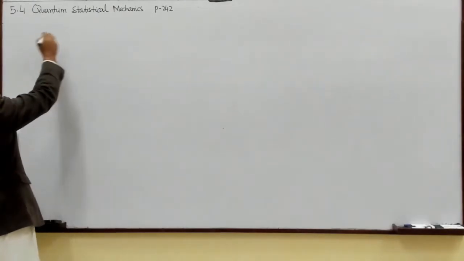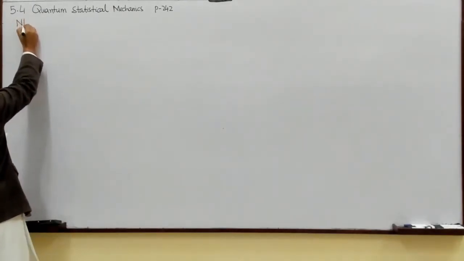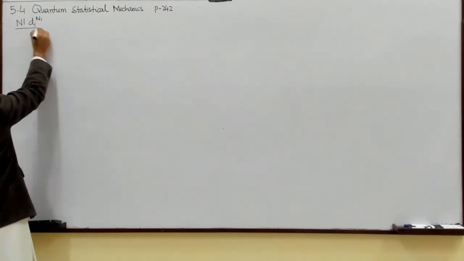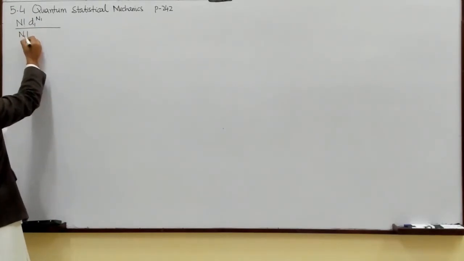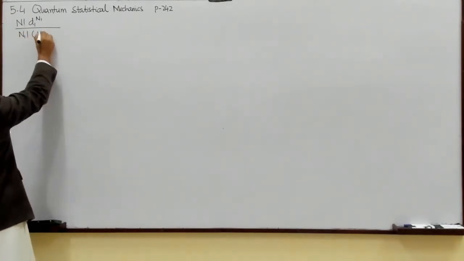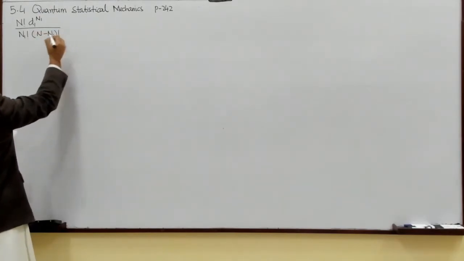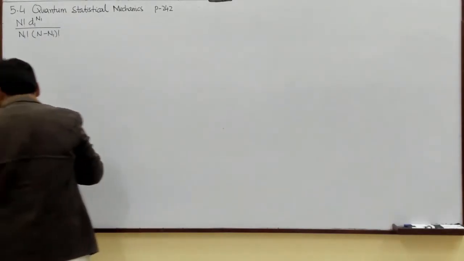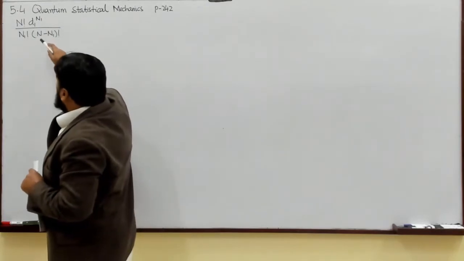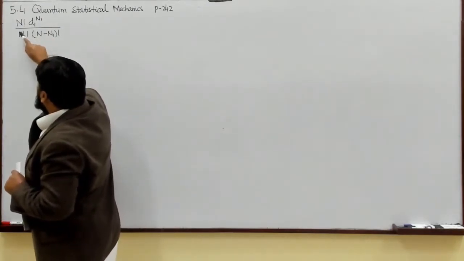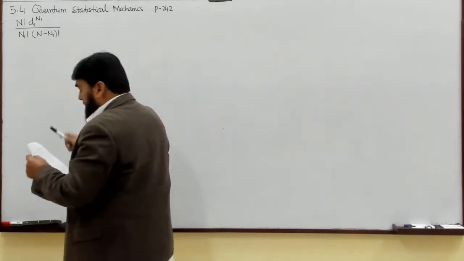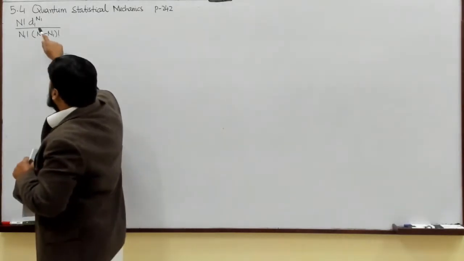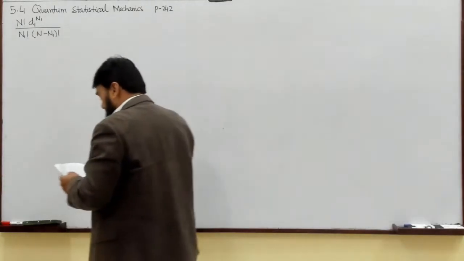Now if we put this all together, then n factorial d1 to the power n1 divided by n1 factorial n minus n1 whole factorial. So this is telling us that if we pick n1 particles from n particles such that each n1 particle can be in different d1 states.